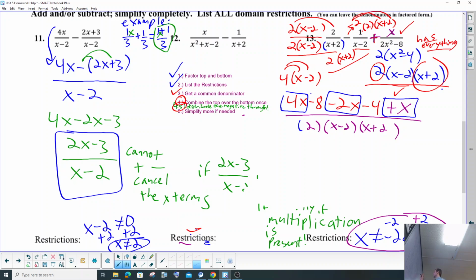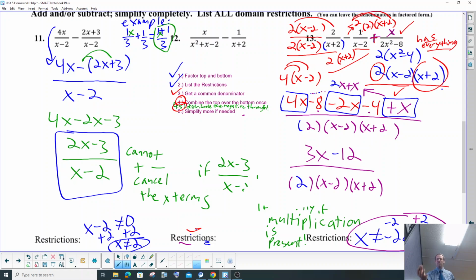So 4x minus 2x is 2x. And then 2x plus 1x is a 3x. And then negative 4 and negative 8 is a negative 12. All over our common denominator, 2 times x minus 2 times x plus 2.